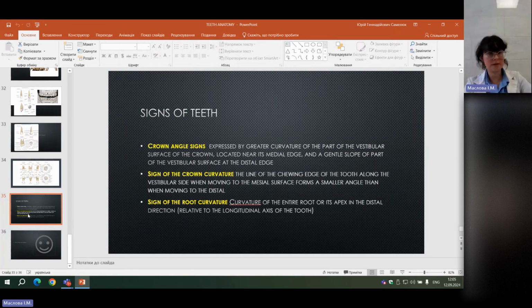These signs of teeth you have to know for restorative aims.